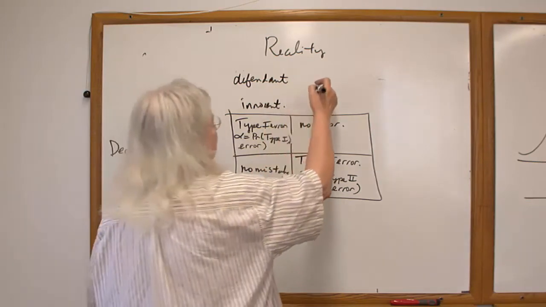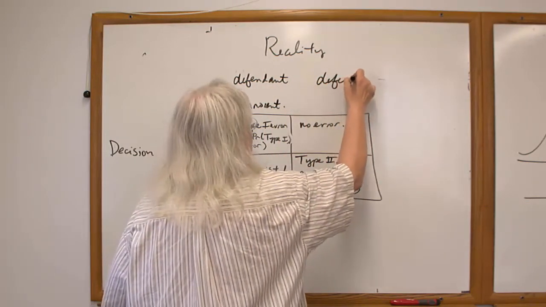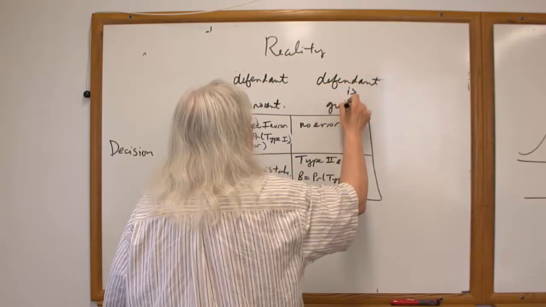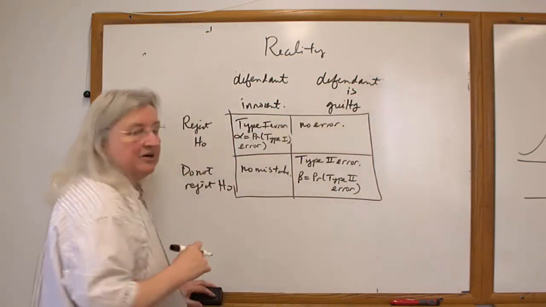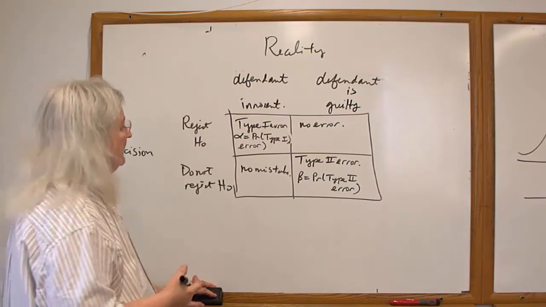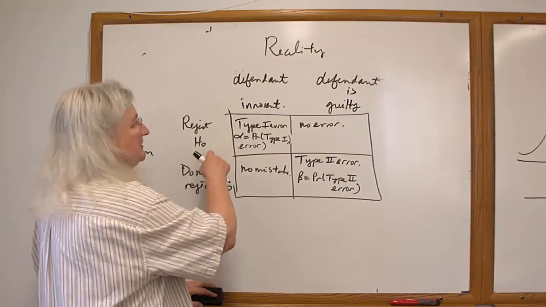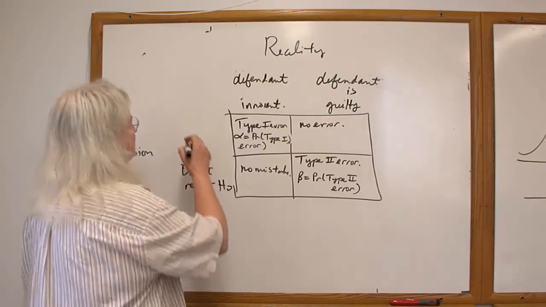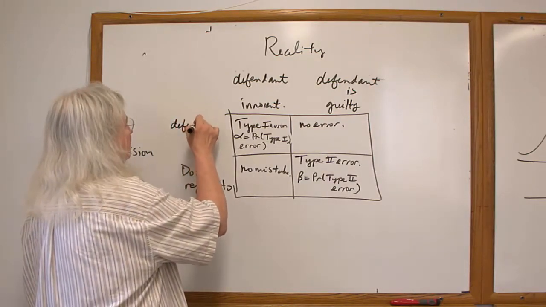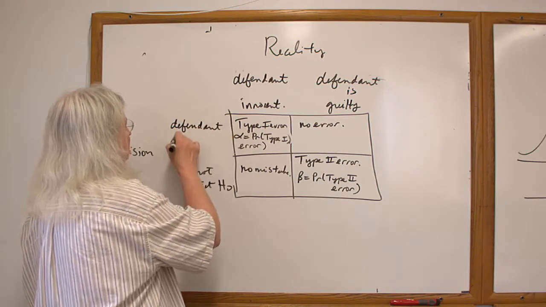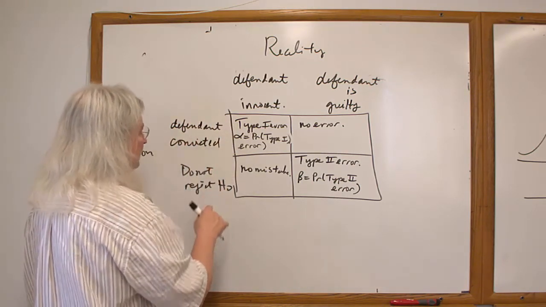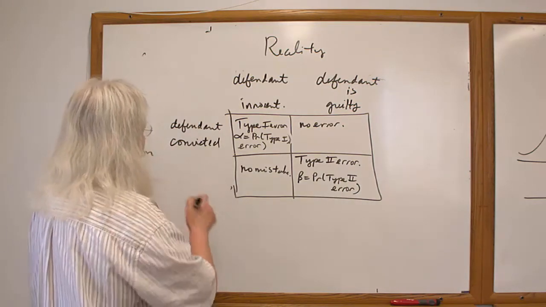And the alternative is that the defendant is guilty. So that is the reality that we don't know and that the prosecutor is trying to determine. Rejecting h0, in other words, is the equivalent of saying that the person is convicted. So the defendant is convicted. And not rejecting h0 is that you are acquitted.